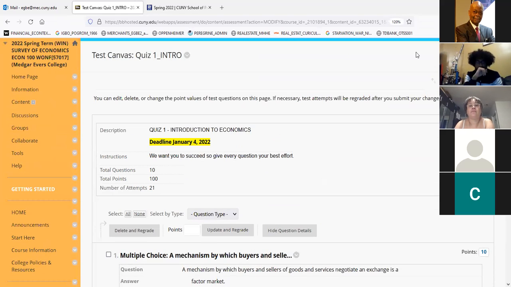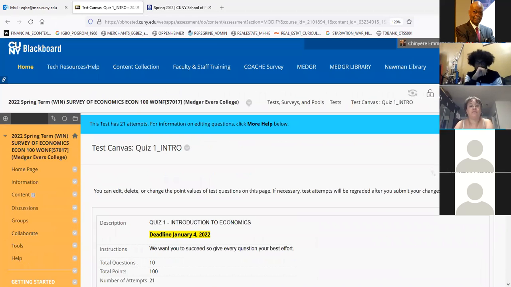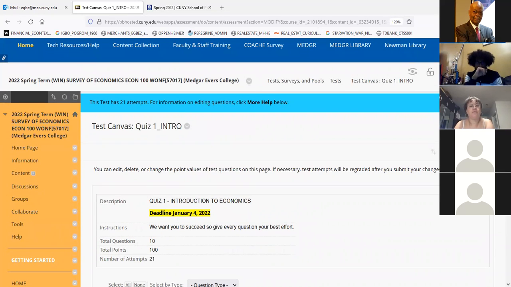Professor, is it better to do the book or to do the PowerPoints? It's much better to do the book. The PowerPoint will help you summarize.